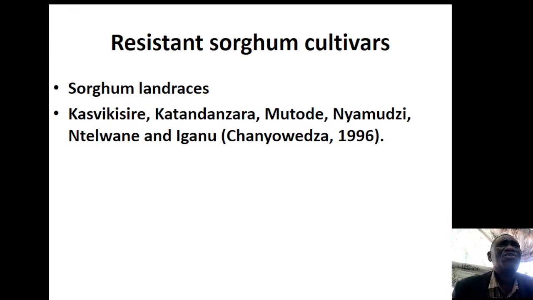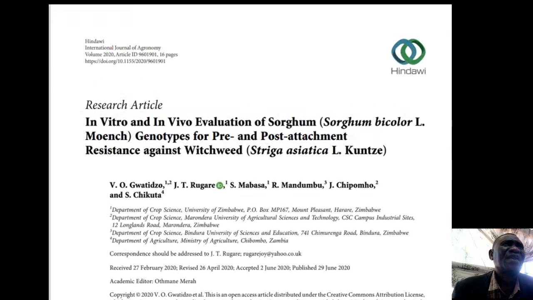Also Mandumbu confirmed some of this information reported by Chanyowedza. Here we've got a paper which was screening some sorghum genotypes for resistance. Maybe you wanted to follow it up.